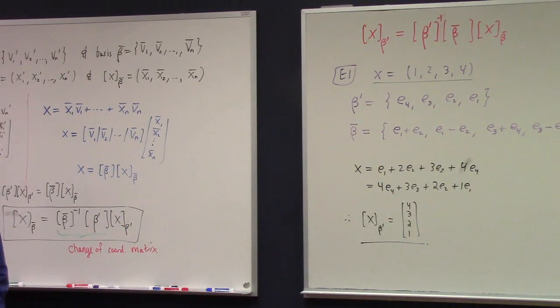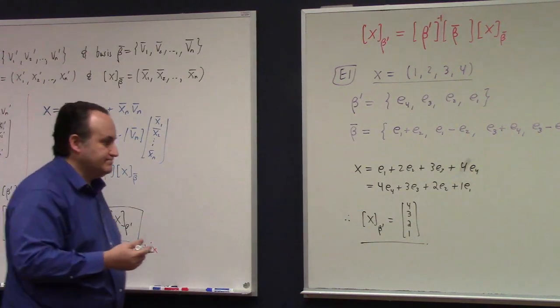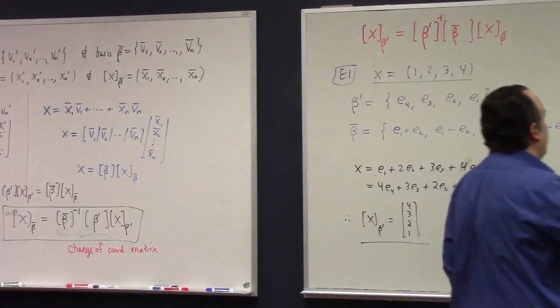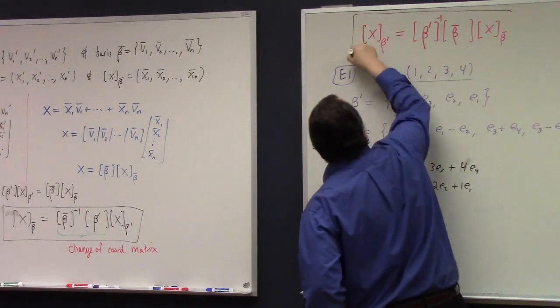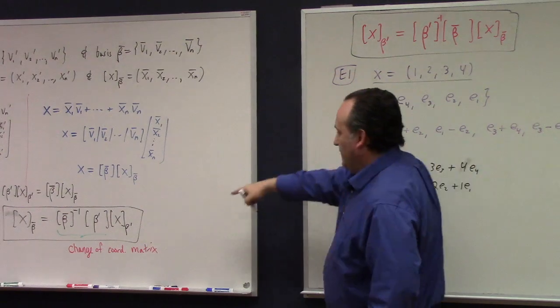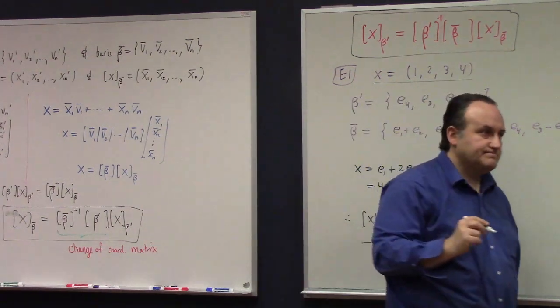All right. Now suppose I want to calculate the coordinate vector with respect to the beta bar basis. Well, we can try to use the coordinate change formula. Which one do I want to use? Do I want to use this formula here, or do I want to use that formula there?